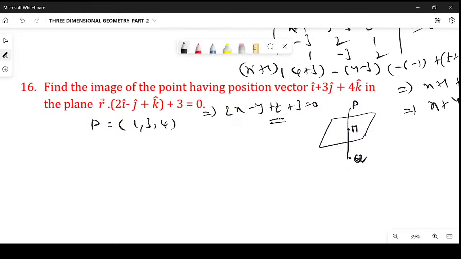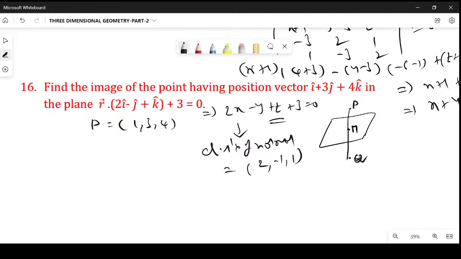What are the DRs of this plane? 2, -1, 1. That is the normal. So the DRs of the normal are 2, -1, 1.